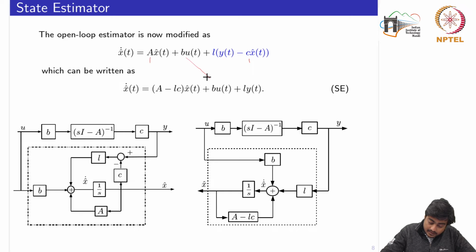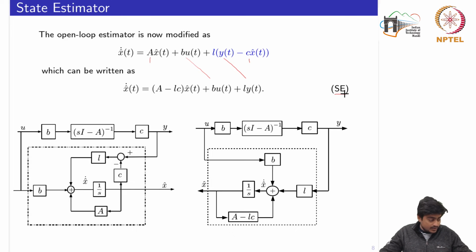This term comes as it is, and similarly this appears as it is. I have done this so that I could get the modified state matrix, and this state matrix would now be A minus LC, because this u and y would now appear as input to this system. This is the block diagram representation of this equation, which we call the state estimator.